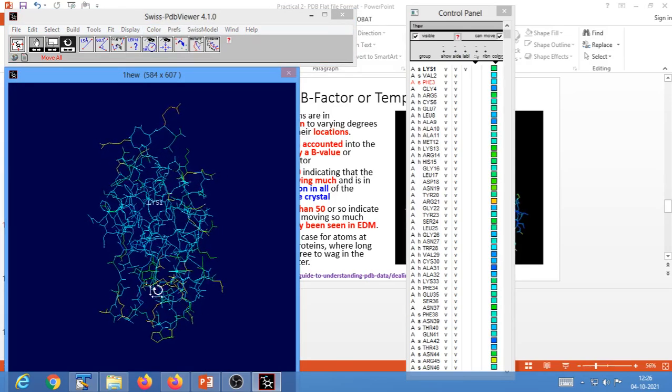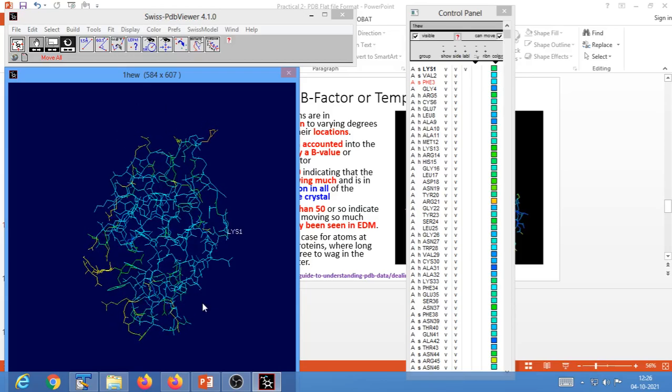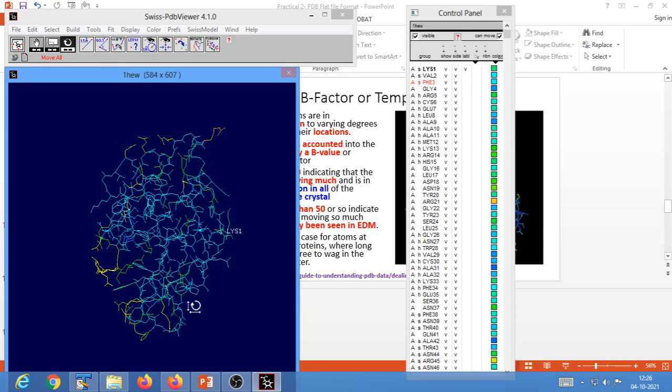Okay, so now when you color your protein molecule by B factor, it would color it as per the visible spectrum. That is, the atoms having the lowest B factor would be colored in the shade of blue, while the atoms which have the highest B factors would be colored in the shade of red.